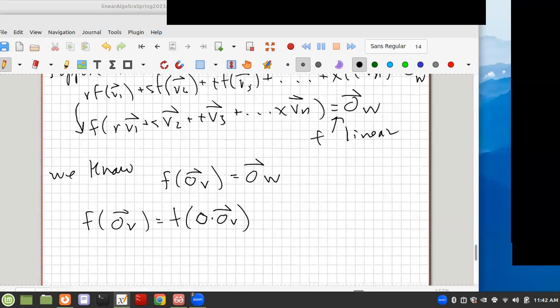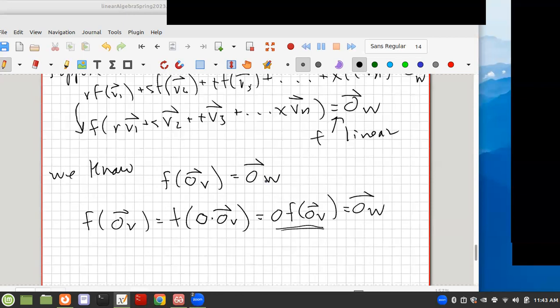If I had 1 here, I couldn't. It would annihilate. So 0 doesn't annihilate the zero vector because it's already 0. I can apply linearity to say this is equal to 0 times F of the zero vector. But 0 times any vector in W is equal to the 0 in W. So I end up with 0 always getting mapped to this.